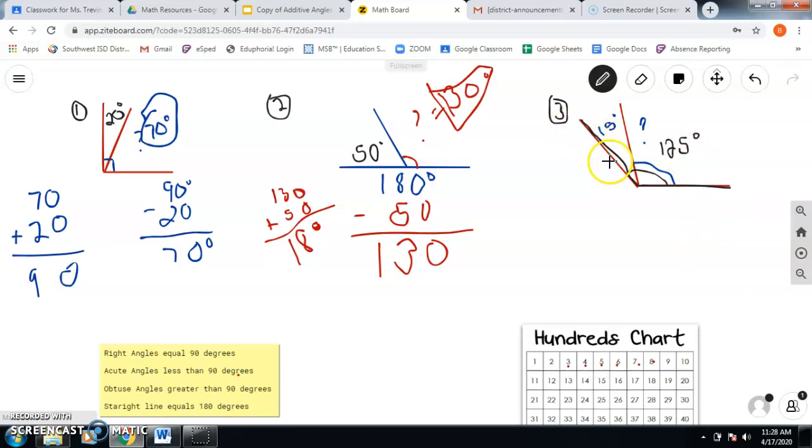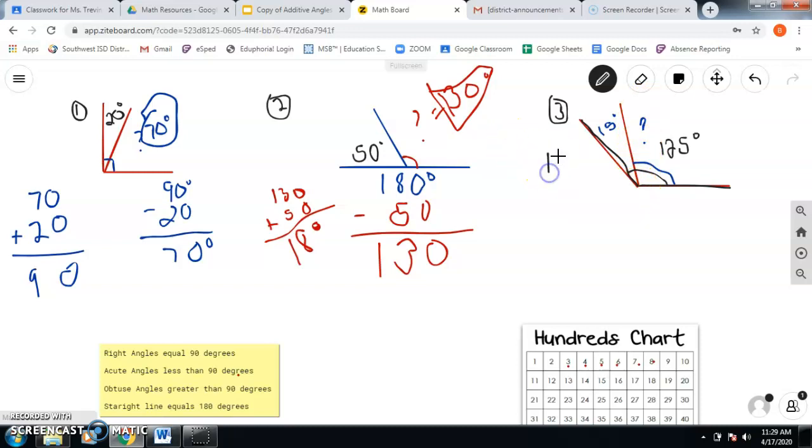Then we see that this angle right here is 15 degrees, and we need to find this angle, okay? What kind of angle are we looking at? Is it obtuse? Is it acute? Or is it a right angle? Okay, it's not really a right angle, it's a little more, so we're looking at an obtuse angle, okay?